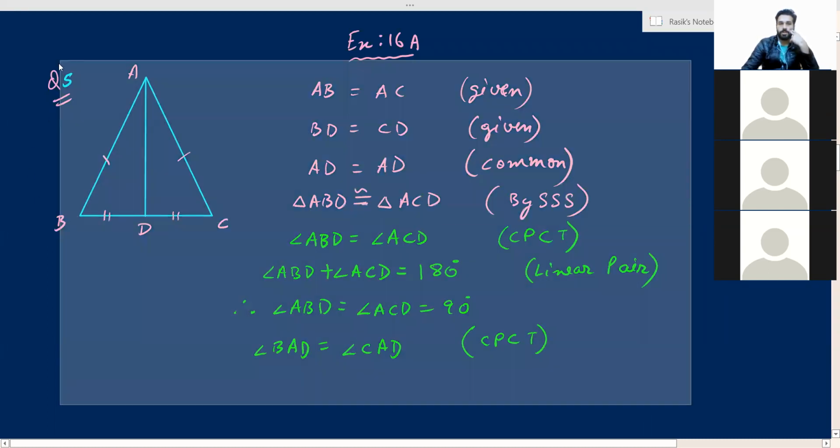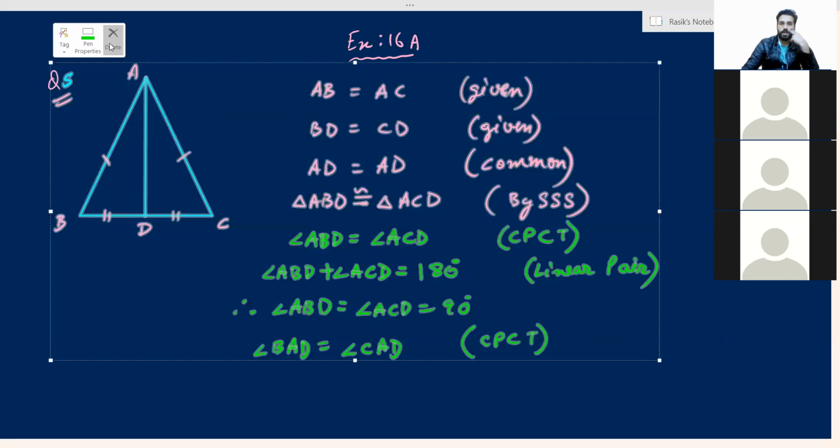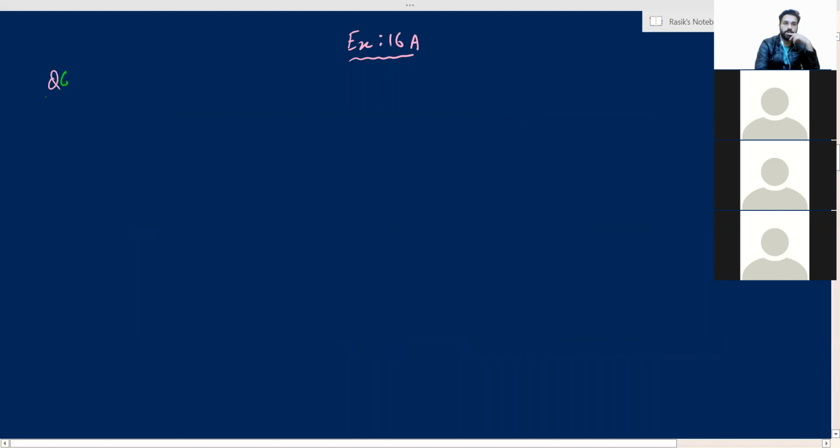Have you all written the question in the copy? Okay, starting with question number 6. I want you all to just try question 6. Start doing it. Make a figure for it.